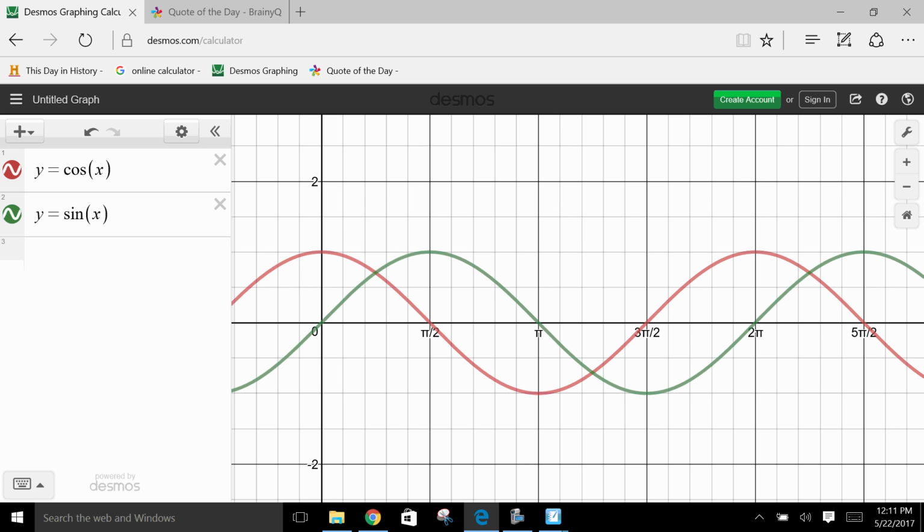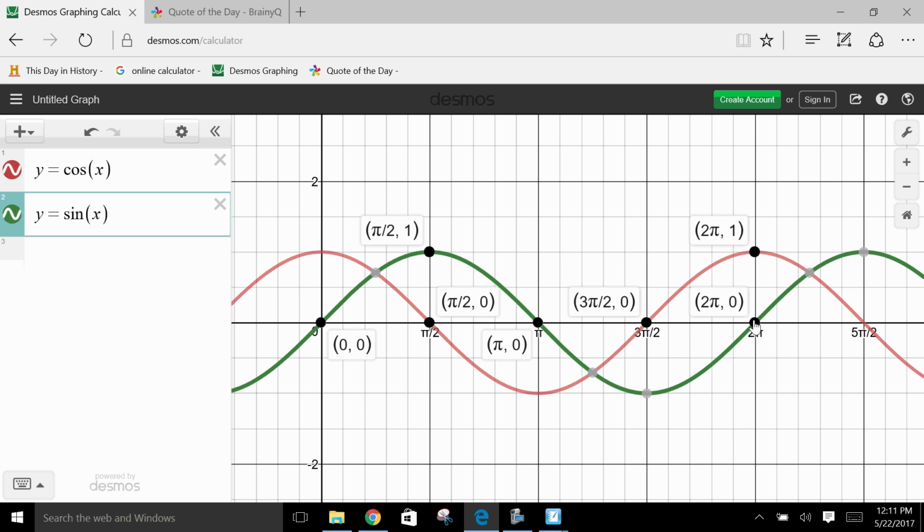Cosine's in red, two maximums, right there. Whereas sine only has one maximum, right there. Two x-intercepts for cosine, right there. And 3 x-intercepts for sine, right here. And then both have one minimum, if I'm not mistaken, right? Minimum for cosine, minimum for sine. For one cycle. You can start seeing the pattern here.